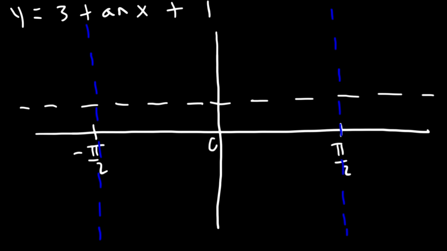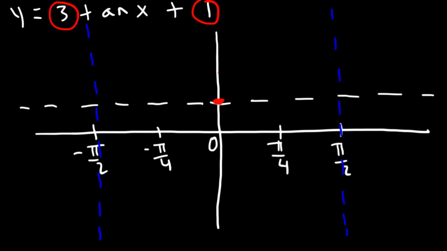So the middle point is 0. Between 0 and pi over 2, we're going to have pi over 4. And this side, negative pi over 4. So now let's plot points. At the middle, tangent is going to be at the middle. So it's going to have a y value of 1. Now tangent pi over 4 is usually 1, but it's been vertically stretched by 3.